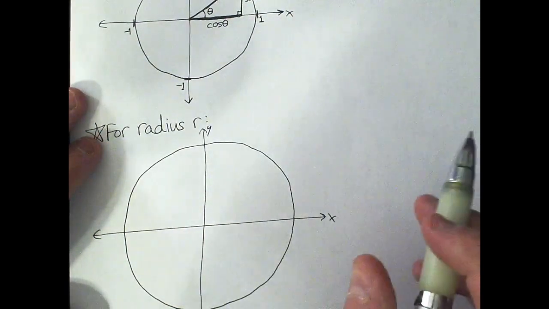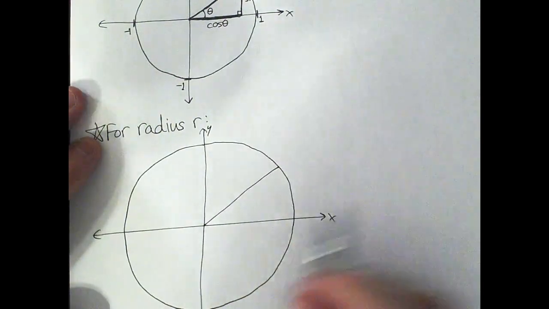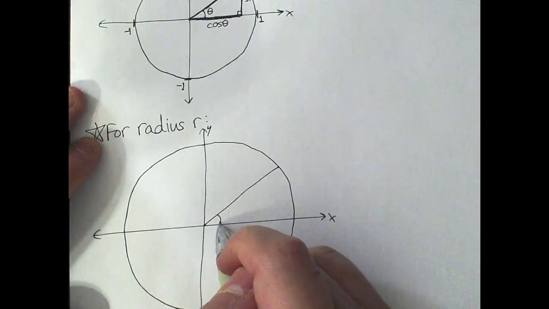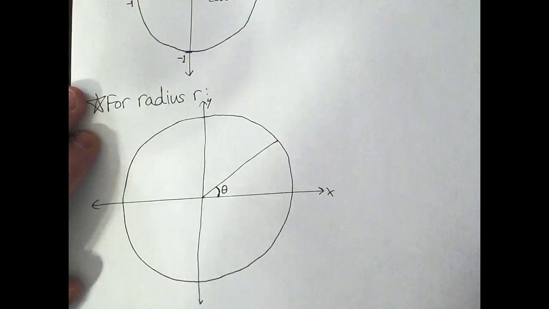All right, so we could still form an angle. It doesn't have to be this exact angle, but whatever. That angle has a name of theta. That's usually what we call an angle that we're interested in, the angle theta.